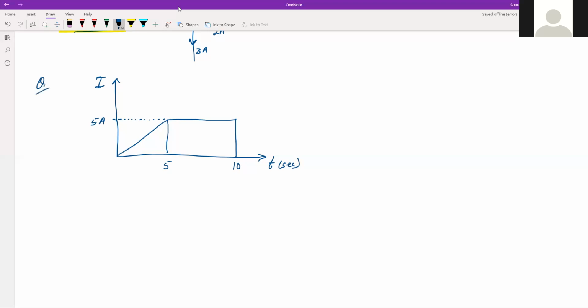So the question is, you find the amount of charge. Now remember, we have studied differentiation and integration, and before that we have studied this, I is equal to dq by dt.